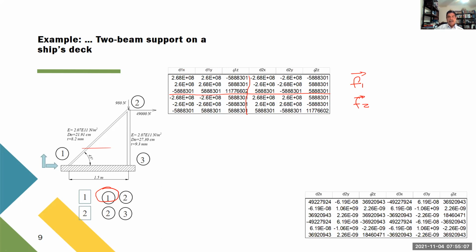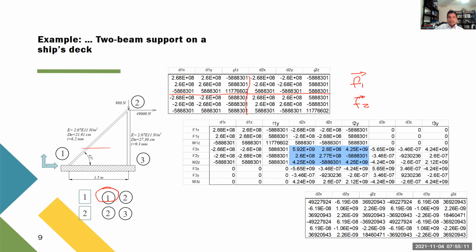Similarly for the second element, okay? So here is something that we review. What is the pin? Where is the pin? Here. So this is the first element.